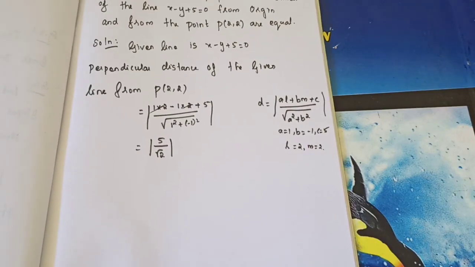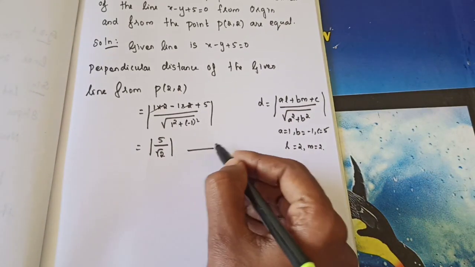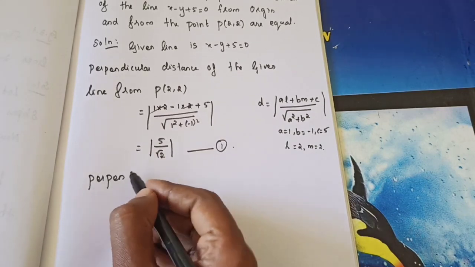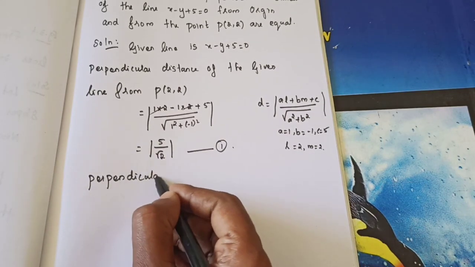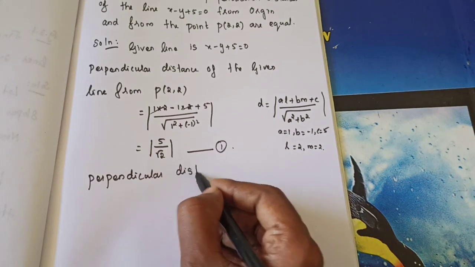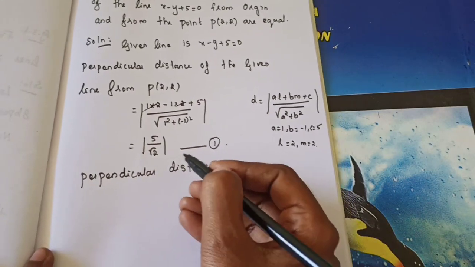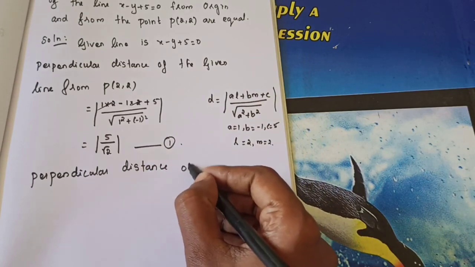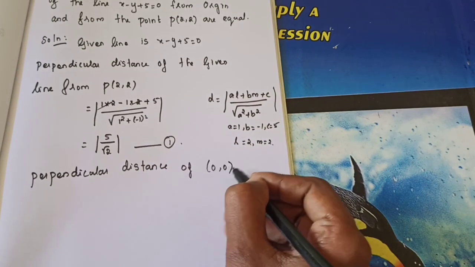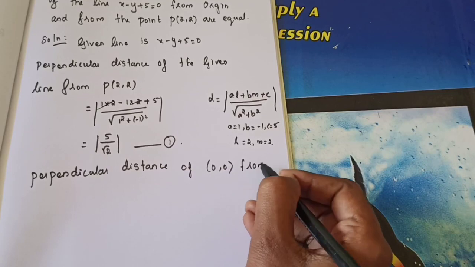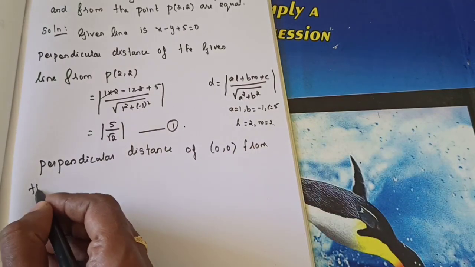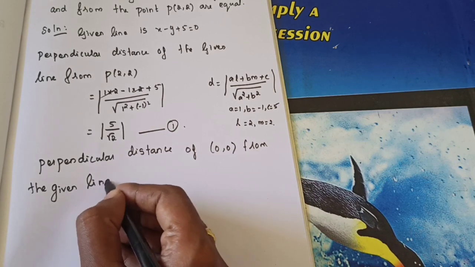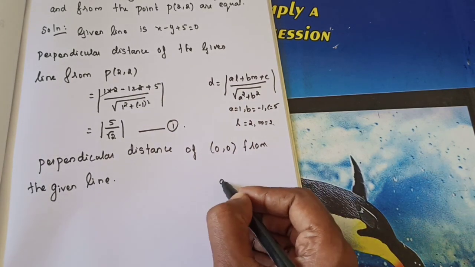Next, the origin and this point to the line also must be equal, we need to prove. So let us take this as 1. Next, to find the perpendicular distance of 0, 0 from the given line, write down the formula here.